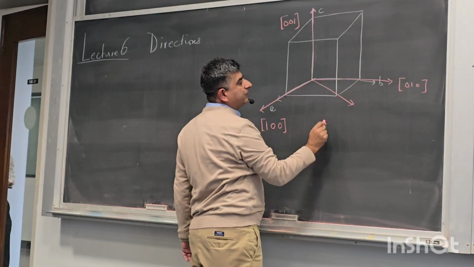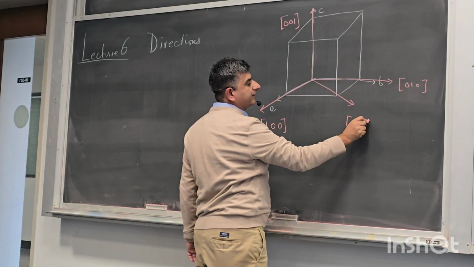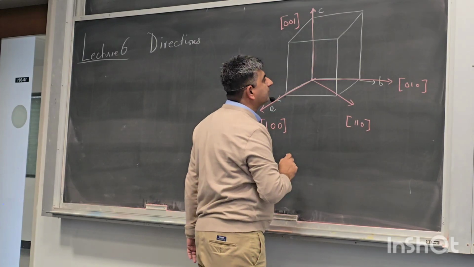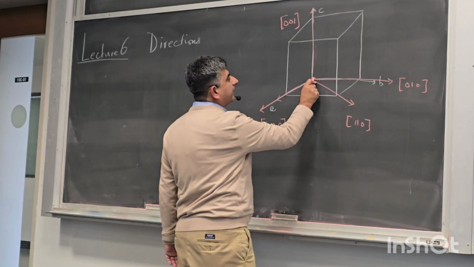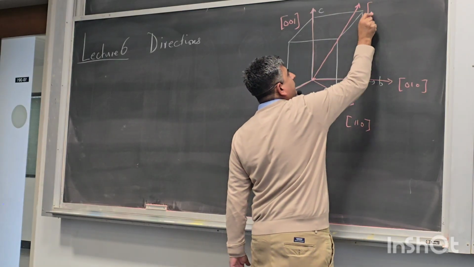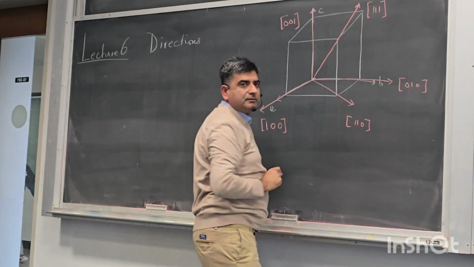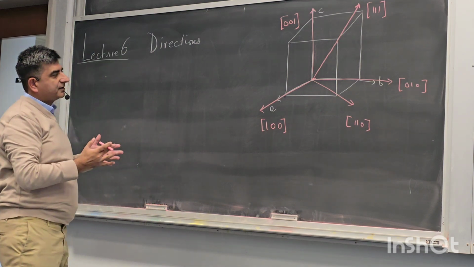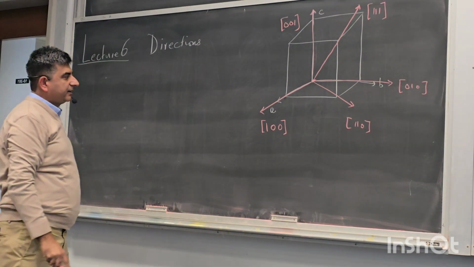The face diagonal would be the [1, 1, 0] direction. The body diagonal would be [1, 1, 1], and so on. So this is how all the directions are specified inside a crystal.